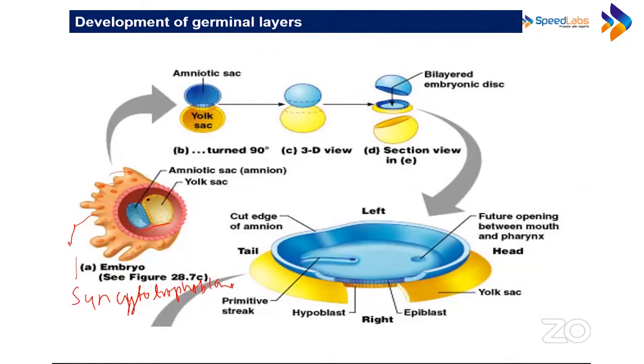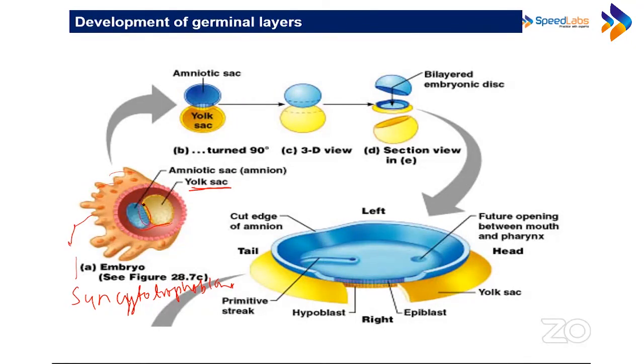So the hypoblast forms the yolk sac, which gradually decreases or degenerates, and an amniotic sac or amnion forms in the epiblast. So some part of it forms the amnion and some part of it forms the embryonic epiblast that is going to form all the three germinal layers.